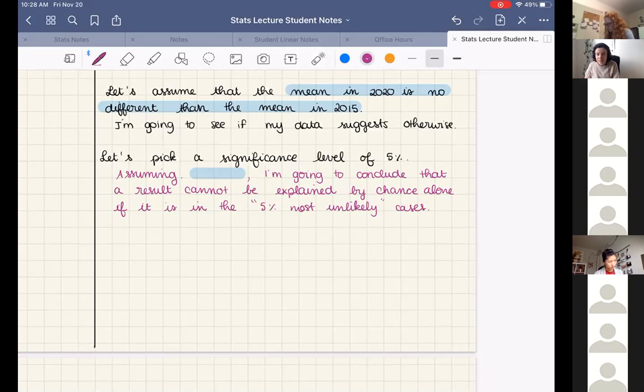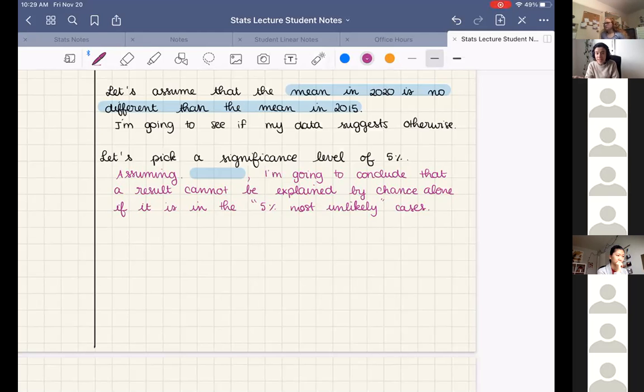So this seems a little bit puzzling, but essentially what this means is that my significance level of 5% means that I'm going to assume that the means are the same. And based on that, I'm going to say my data contradicts that if my data is very rare under that assumption, right? So if it's very unlikely for me to observe what I observed in my sample, then that means that my sample cannot be explained by chance alone, right?